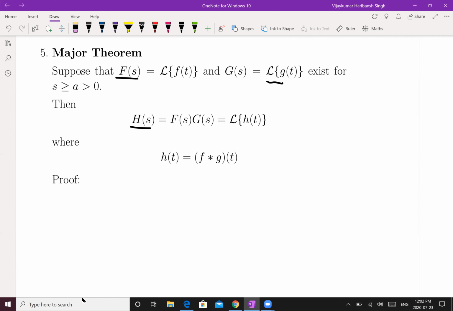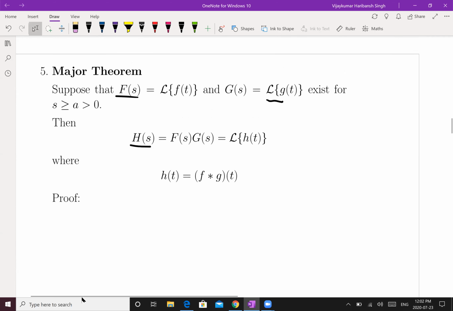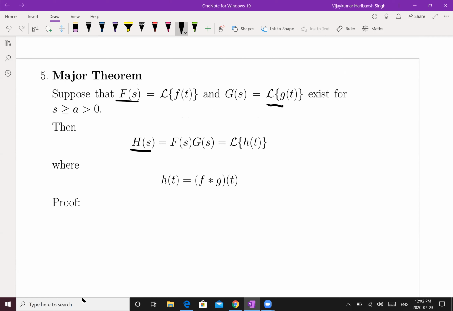So let's prove it. We start with h of s first. So what is h of s? H of s is f of s times g of s. And that by definition is 0 to infinity of f of t e to the power minus st dt.